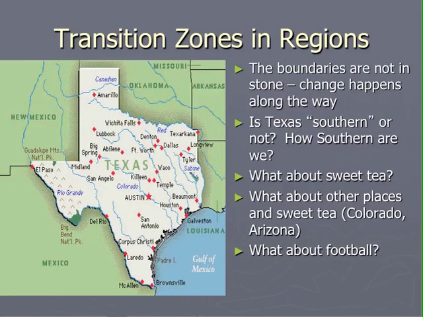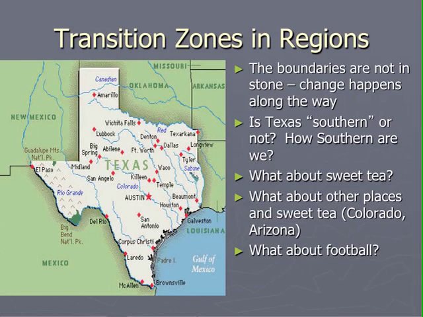Next, transition zones. So transition zones and regions, oftentimes these boundaries are not set in stone. Now, sometimes they are. You cross the border from Texas into Oklahoma, you know where that is. But when are you crossing over from the South into the Midwest?